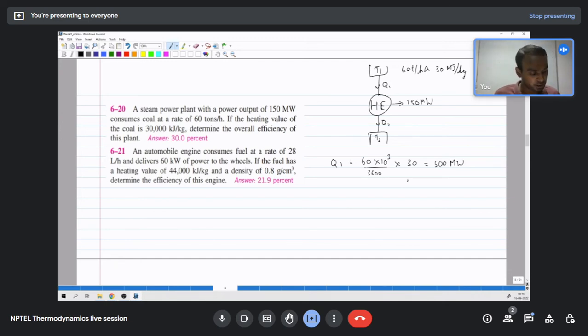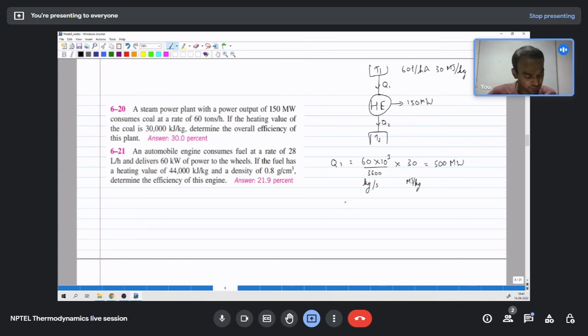So we had megajoule per kg here, and the ton per hour we have converted to kg per second. So finally we have megajoules per second, which is megawatt. So Q1 is 500 megawatt.